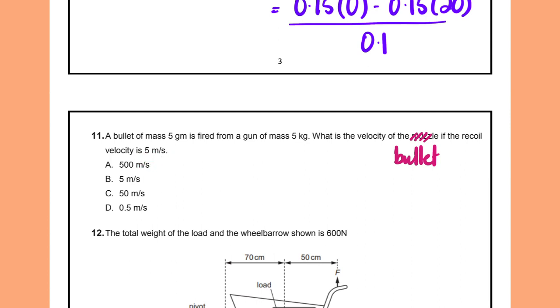So that's recoiling with this velocity. So here the idea is basically related to the last case of momentum that we did, which is that in this case, both of these would have equal and opposite momentums, right? So with this gun projecting the bullet outwards, it moves backwards with a speed of 5 meters per second.